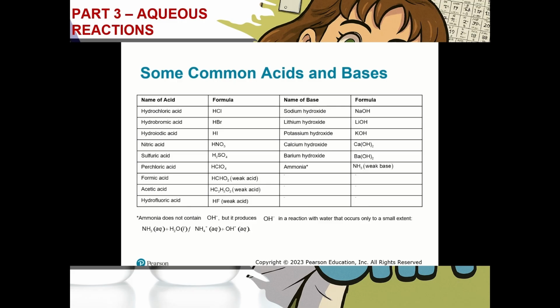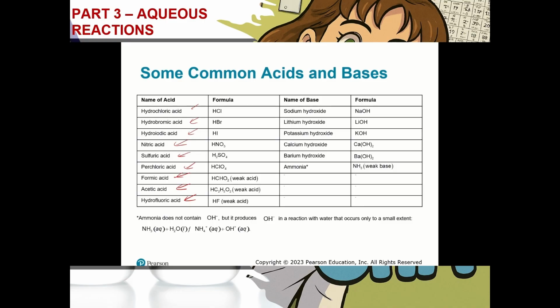So let's look at the common acids and bases. We have some weak acids such as formic acid, acetic acid, and hydrofluoric acid. Those are weak acids. And we have 7 strong acids, which are hydrochloric, hydrobromic, hydroiodic, nitric acid, sulfuric acid, and perchloric acid.